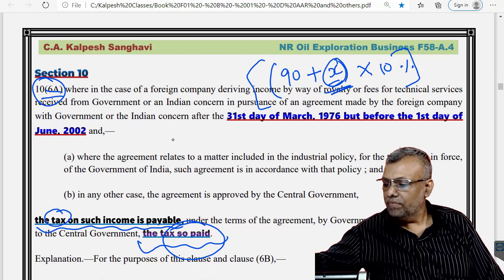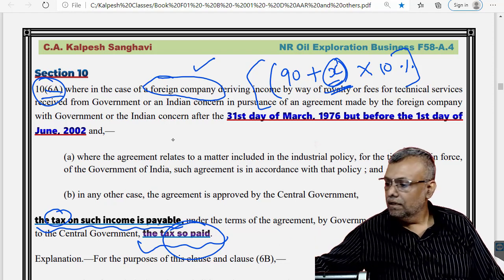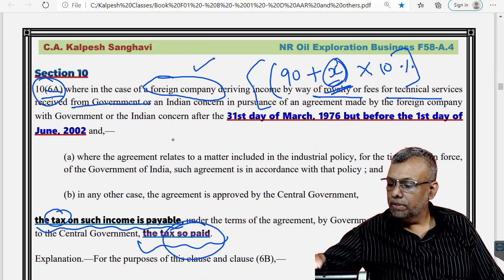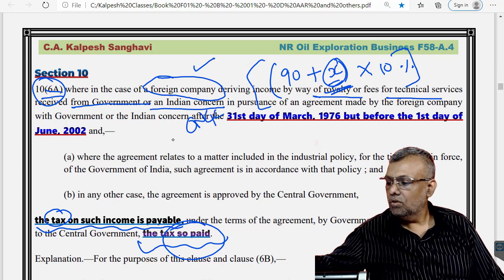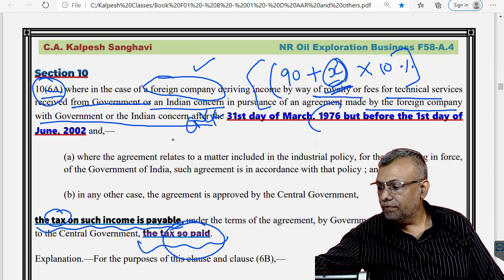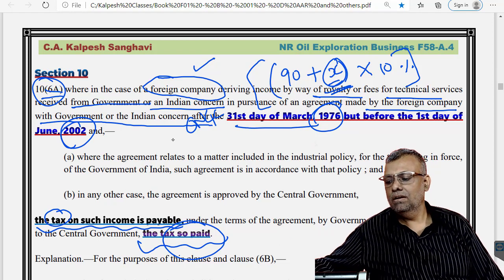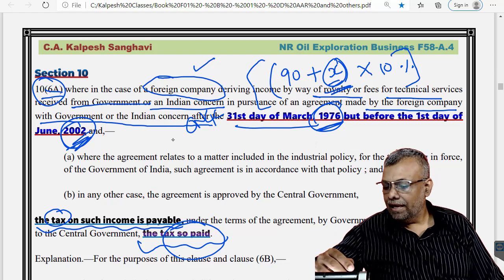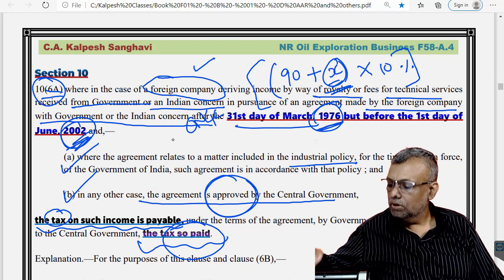I will not do that adjustment if the condition of this section is satisfied. And the section says that a foreign company, as in our example, receiving royalty or technical fees from the government or an Indian concern, in our example ONGC, under an agreement made by the foreign company with the government or Indian concern after 76 and before 2002, where the agreement is in relation to the industrial policy of India, or the agreement is approved by the government.